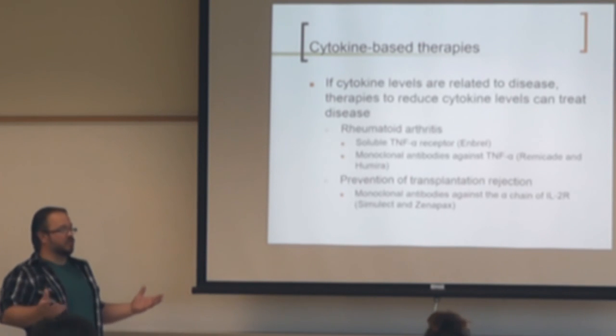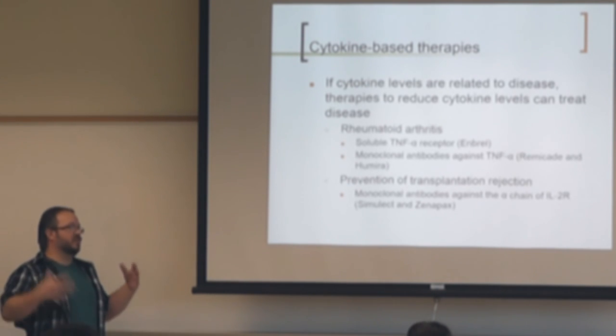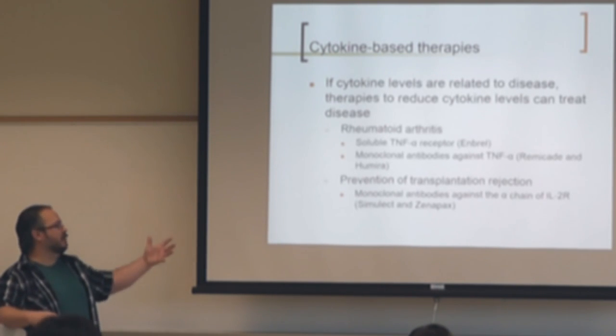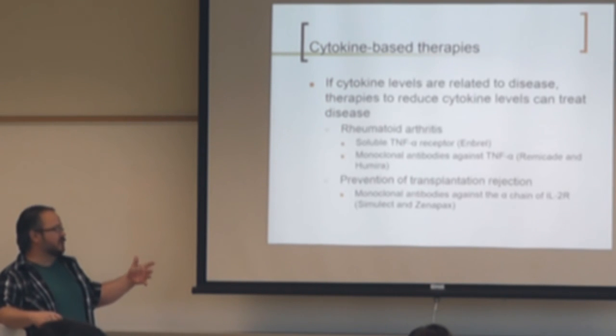So this is a way of specifically suppressing the immune system, targeting the cells that we know are going to attack something. Even though it causes you to be immunosuppressed, it's better than the alternatives.